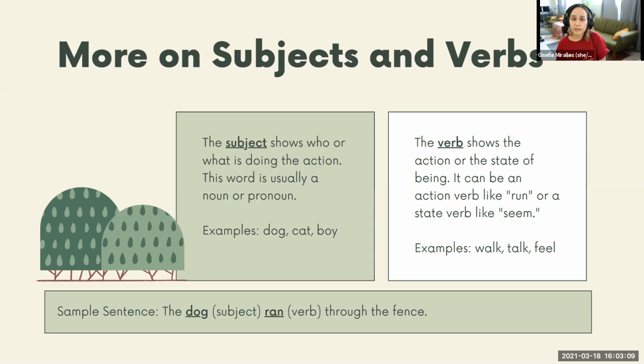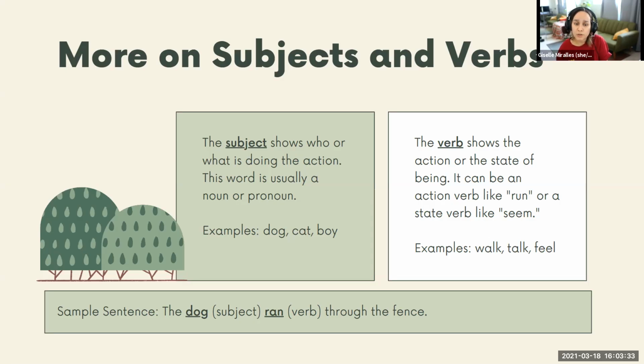A verb, on the other hand, shows the action or the state of being. So it can be an action verb like run, walk, talk, or a state verb like seem. Is also a state verb, so is can also be considered a verb that is showing the action or state of being.